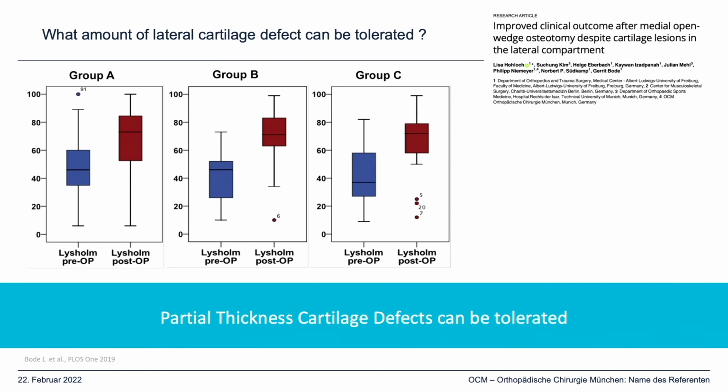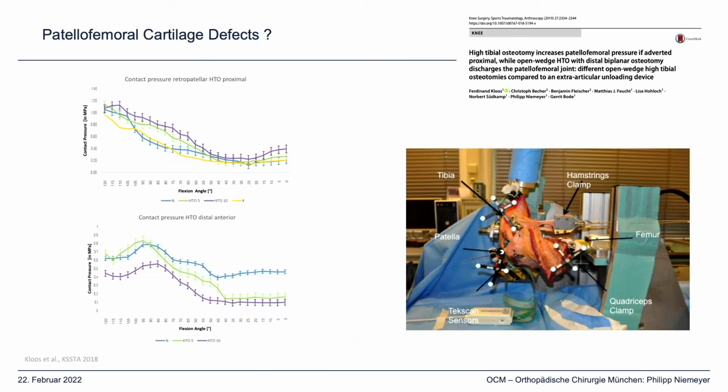We in our group actually considered these full thickness defects on the lateral side always a contraindication, but what we accepted was partial thickness defects, and we actually followed up these patients in this study, which has been published 2 years ago, and we did not find a difference in terms of clinical outcome in these patients suffering from partial thickness defects on the lateral side. I personally consider the integrity of the meniscus more important than partial thickness defect on the lateral side.